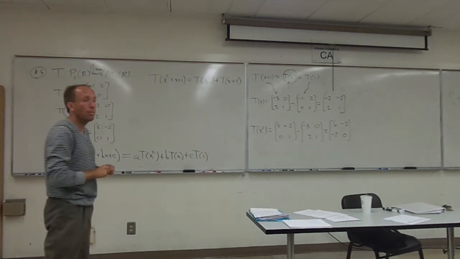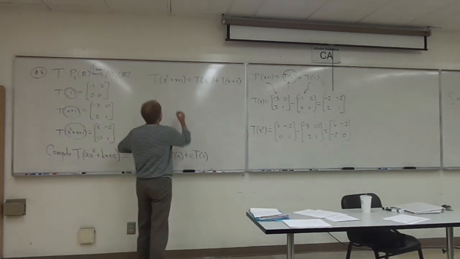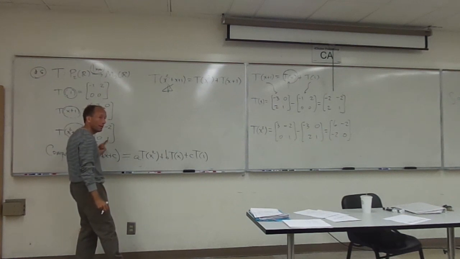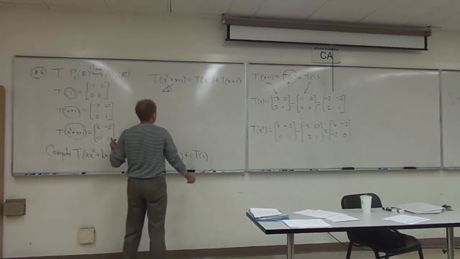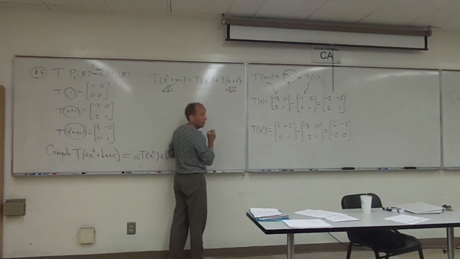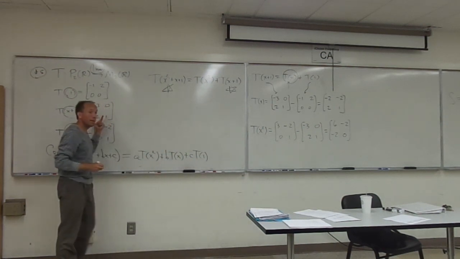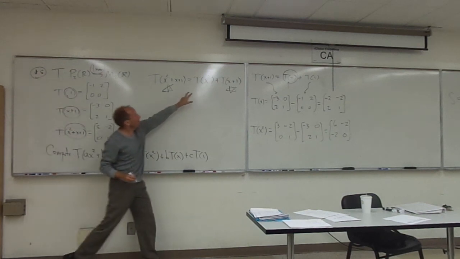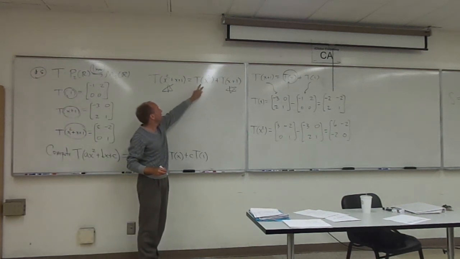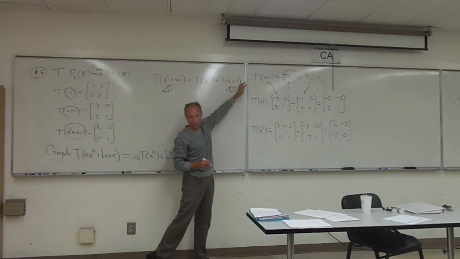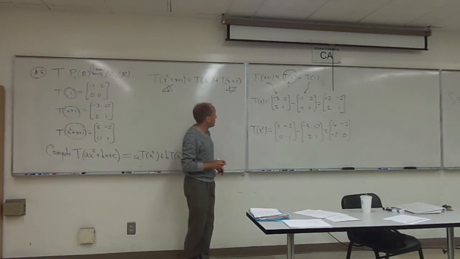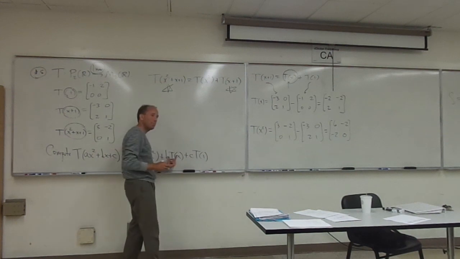Why did I break it up that way? Because I know this one, that was given to me here, and I know this one, because it was given to me here. So I can find this one by taking this one minus this one. That make sense? Yeah. Okay, so now I've got all three of these matrices here.